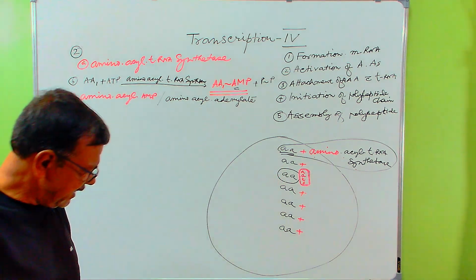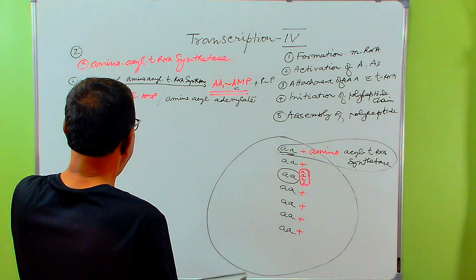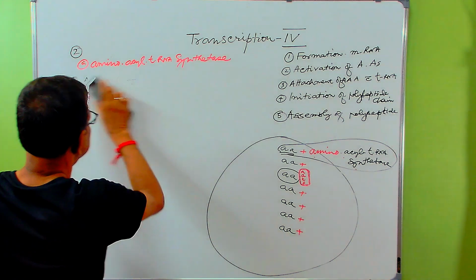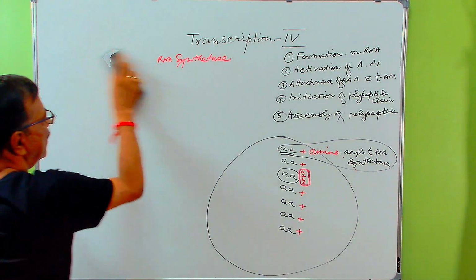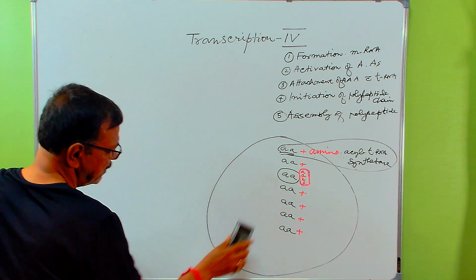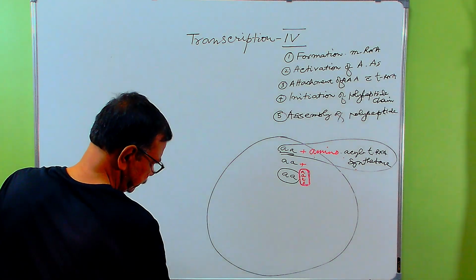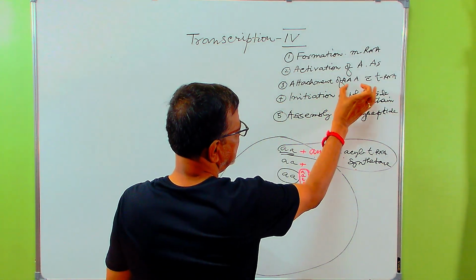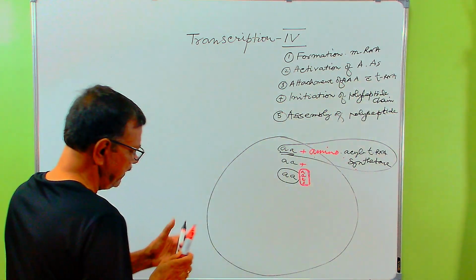They are acting as packers and movers. So number 2 I am erasing. Very simple. It's not difficult, but in the system you have to write. Then it will attach with the tRNA.